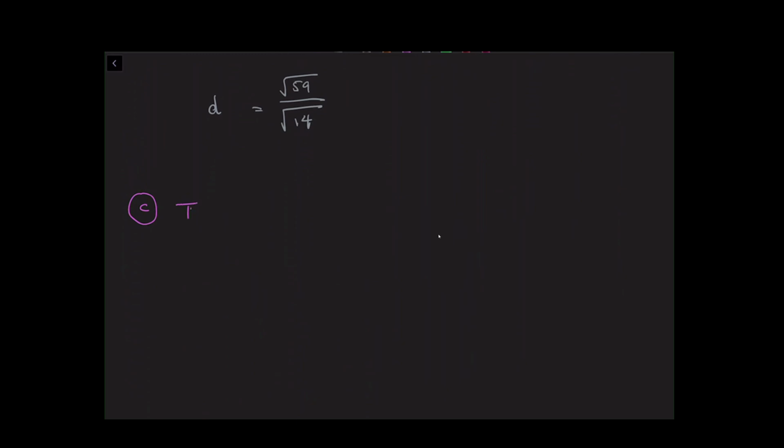So let's write that. We can see the set of points equidistant from P and Q is the perpendicular bisector plane of segment PQ.